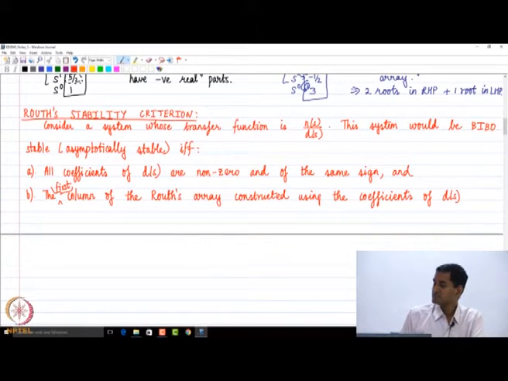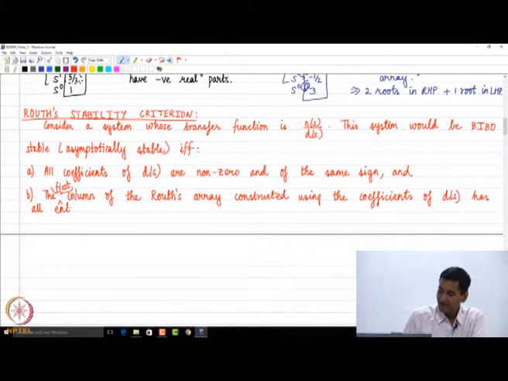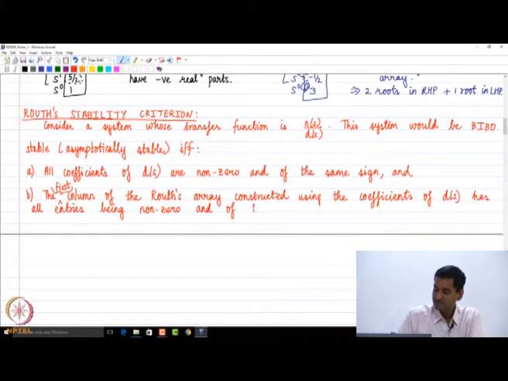The first column of the Routh's array constructed using the coefficients of D(s) has all entries being non-zero and of the same sign.